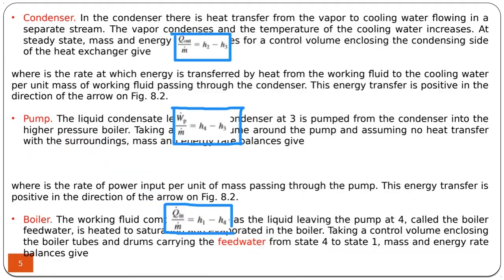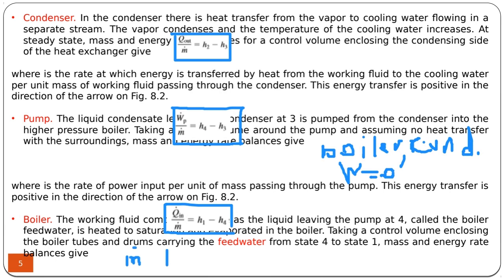So in the boiler and condenser, we take work to be 0, and in the turbine and pump, we take Q to be 0, because we assume that the turbine and pump are adiabatic, so there is no heat exchange with the surroundings.